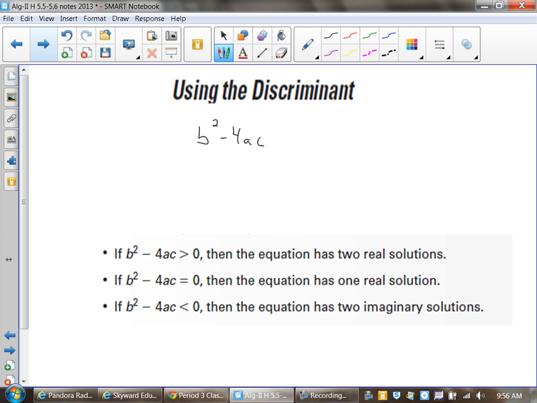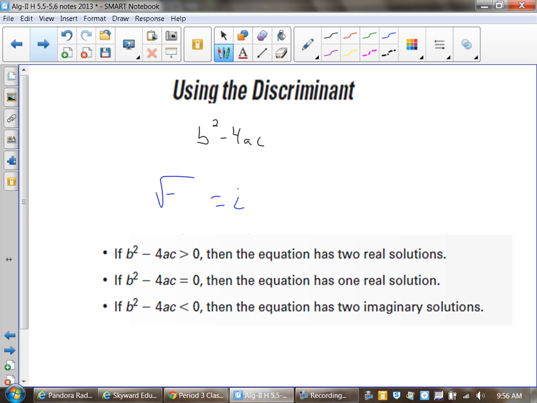Okay? If the discriminant is positive, 2 real. If it is 0, 1 real. And if it is negative, you have 2 imaginary. Because what happens when you have a negative underneath the square root? You get some imaginary number. That's why that works.